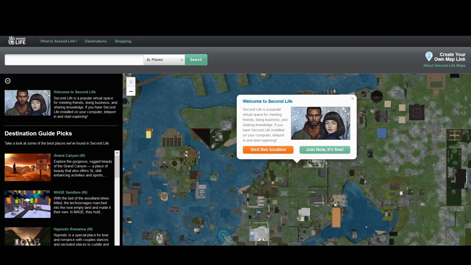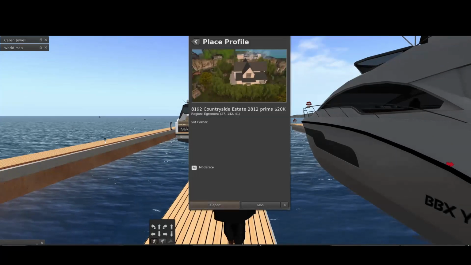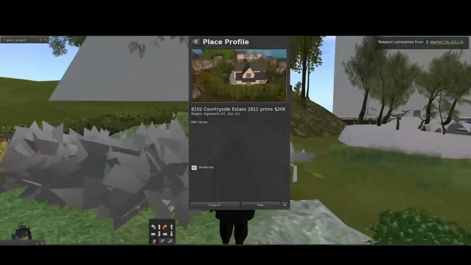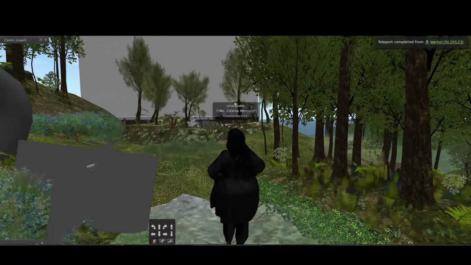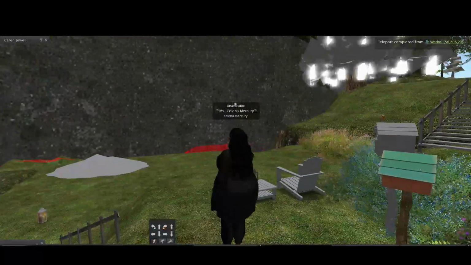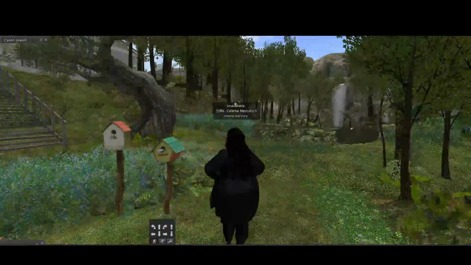Egremont is the name of this place. Okay, now this person is a decorator, landscaper after my own heart. Oh, I love how wild this is.